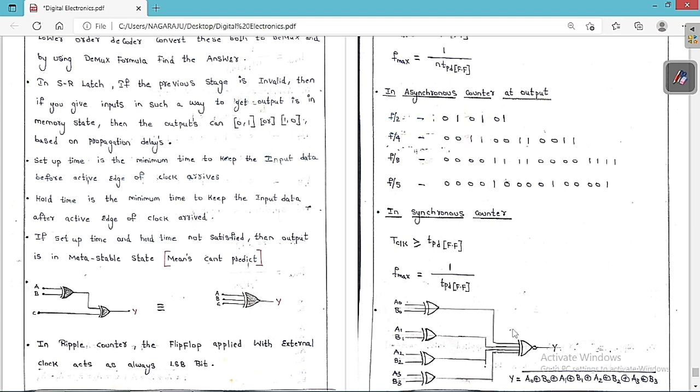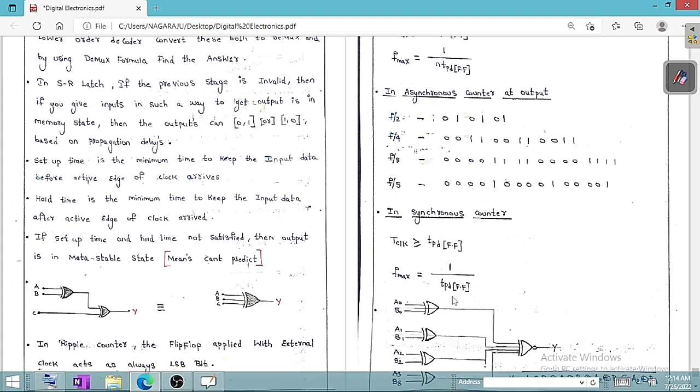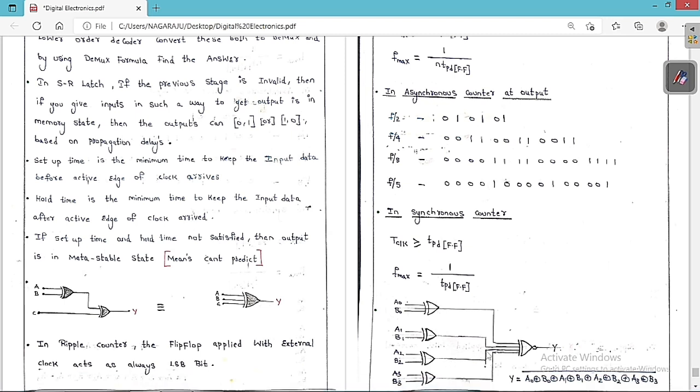So now if you see clearly, A0 B0, A1 B1, A2 B2, A3 B3, all these are XOR gates. Here there is an XNOR, and here there is an XNOR. So all these are A0 XOR B0, A1 XOR B1, A2 XOR B2, A3 XOR B3.